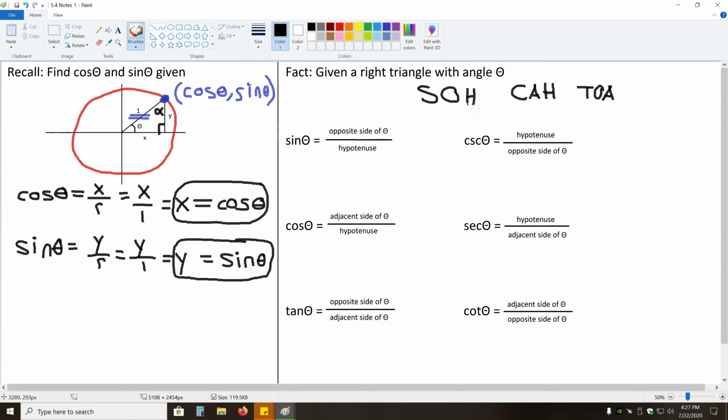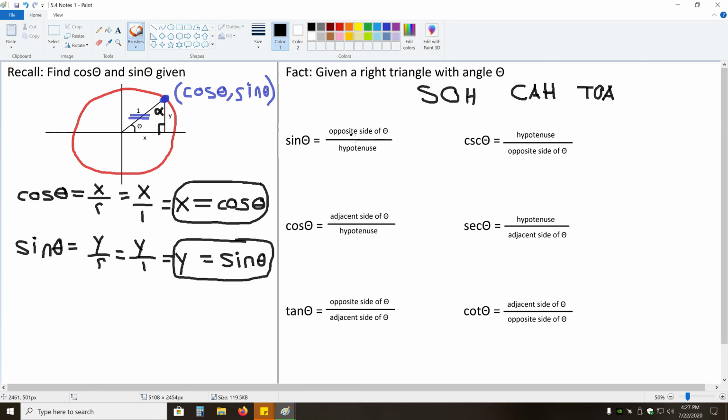Okay, so SOHCAHTOA. Try to commit that to memory. It is so key. SOHCAHTOA says that sine of whatever angle you're dealing with is equal to the opposite over the hypotenuse, which is what we have right here.